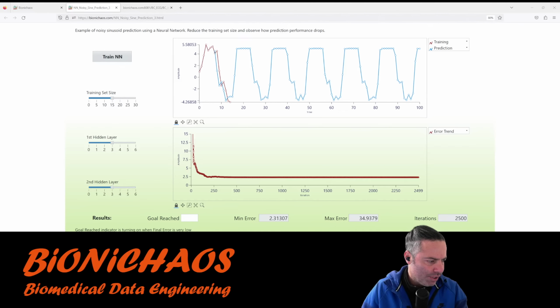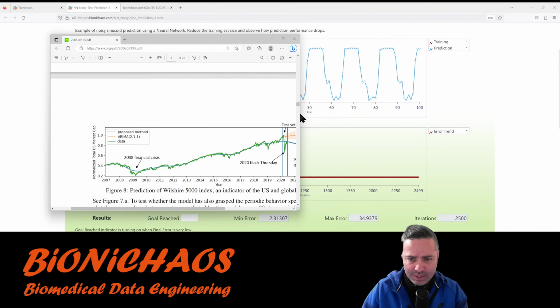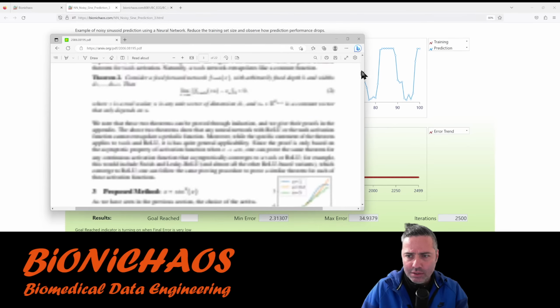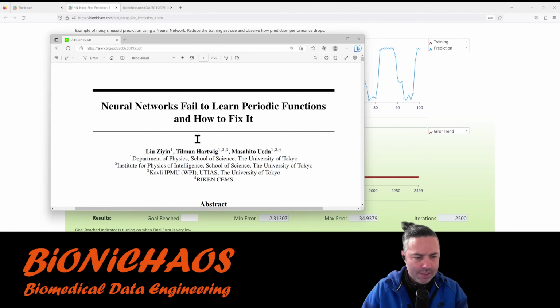One of which has an interesting figure. I don't know if I'm allowed to show it. I think it's a Creative Commons figure. So it's this paper here from Japan. It's quite a negative title, which is a bit unusual for academic papers.